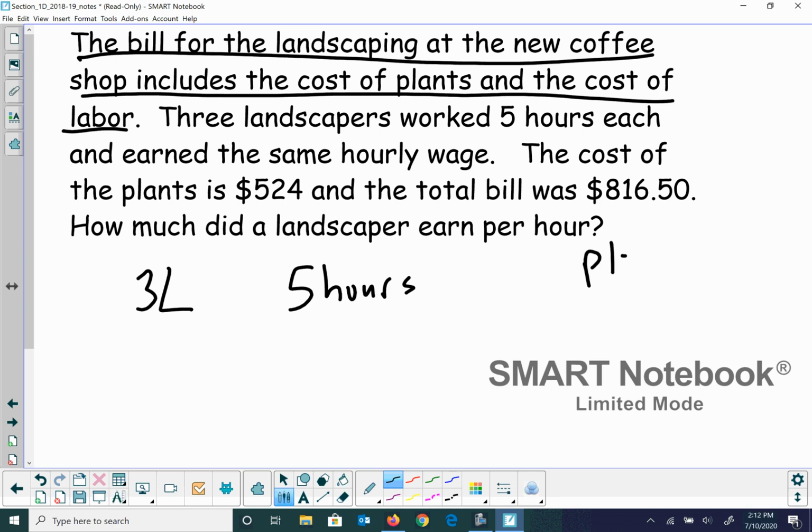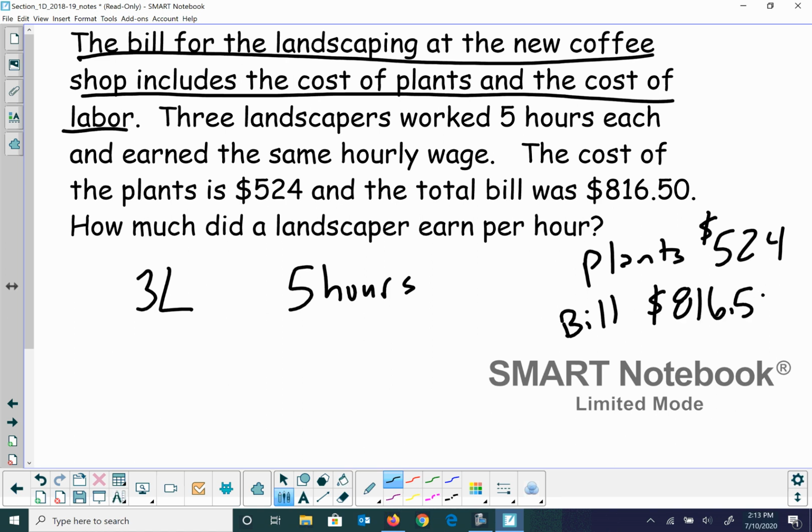I'm just jotting some things down so we can build upon that. So that's how much the plants were, and then there was a total bill that was $816.50. So think about what's going on here. You have these 3 landscapers working for 5 hours each.